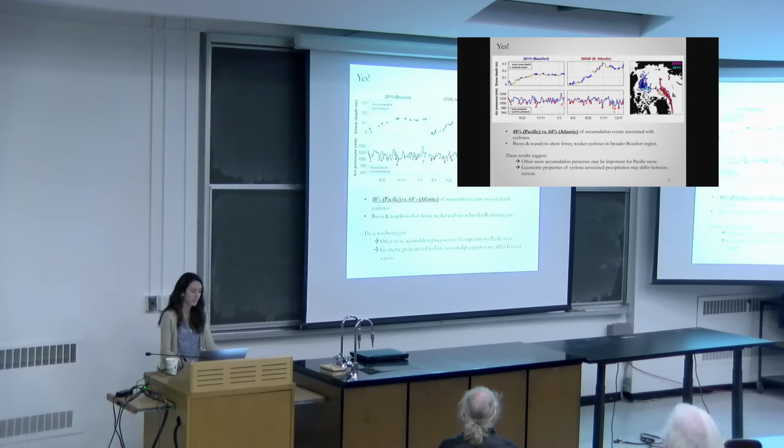So again, this means that there are other mechanisms that may be important for this Pacific region. It also may be a fact that we're missing part of the snowfall associated with these cyclone events. I said that we took a larger radius. Well, maybe that's still not getting all of the snowfall with these cyclones. That's something to build on for future work.